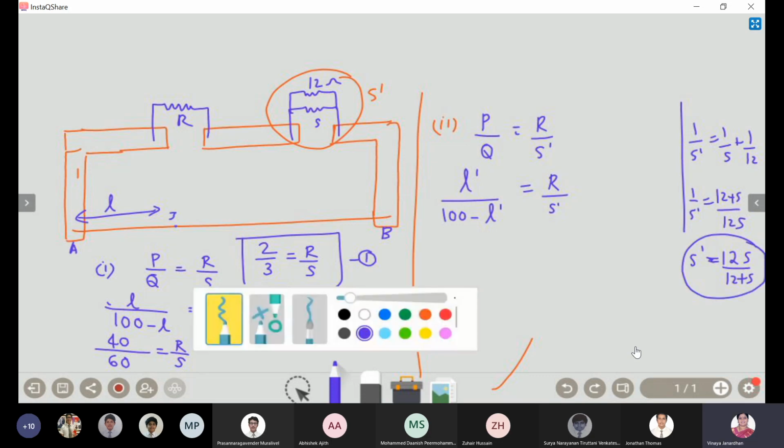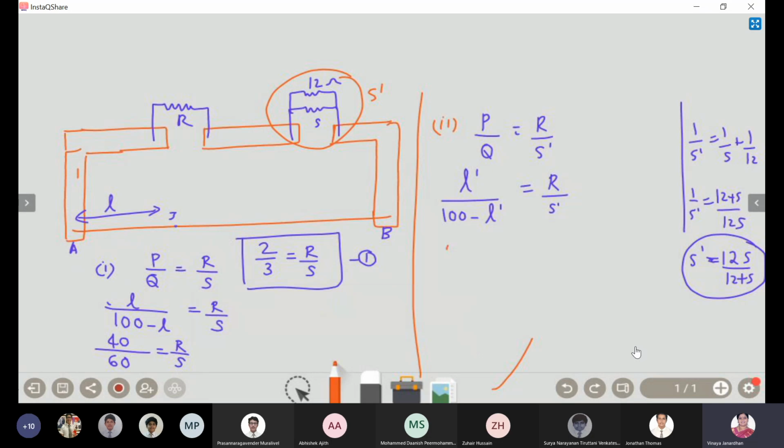So what is the value of L dash? It is 50. So 50 upon 50 must be equal to R by 12S divided by 12 plus S. Right? So then 1 is equal to R by S into 12 plus S by 12S.